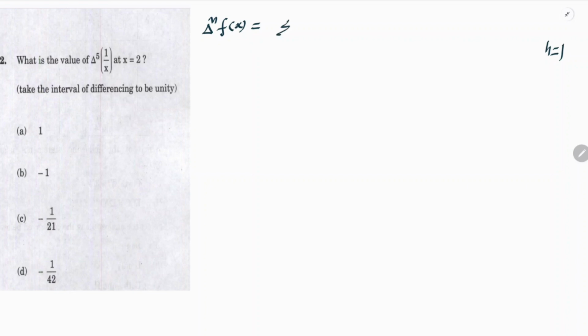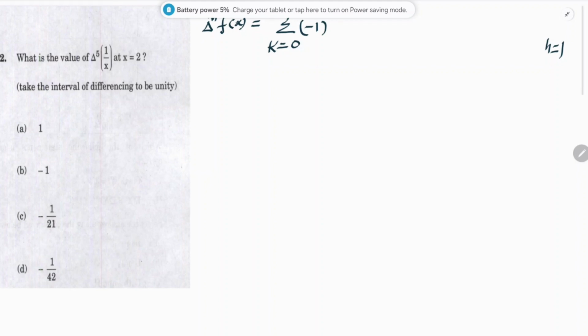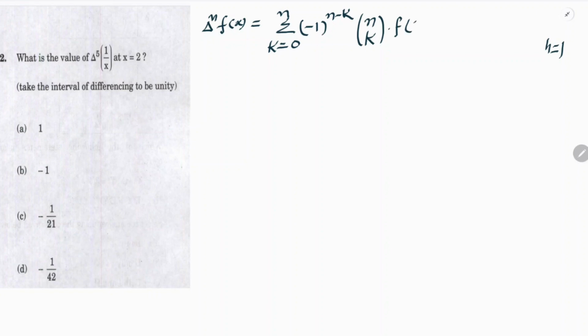The formula is summation k going from 0 to n of (minus 1) to the power n minus k, nCk, this is the combination, n choose k, and then f(x+k).